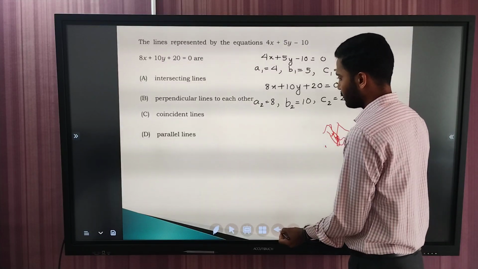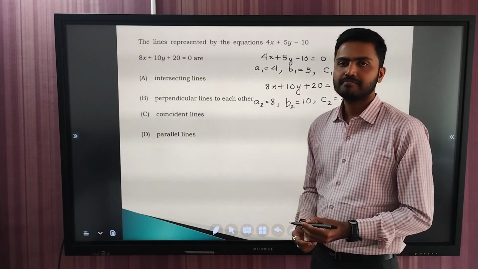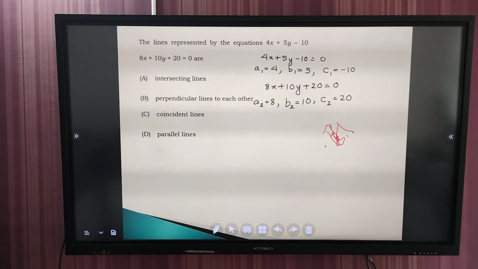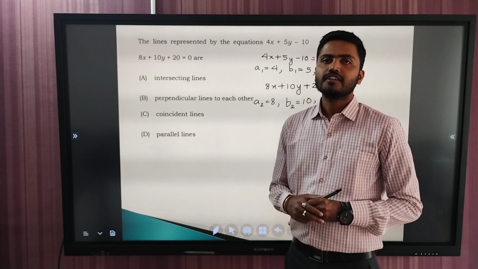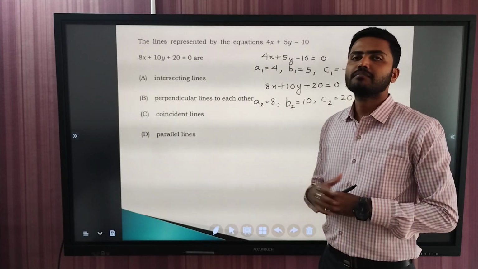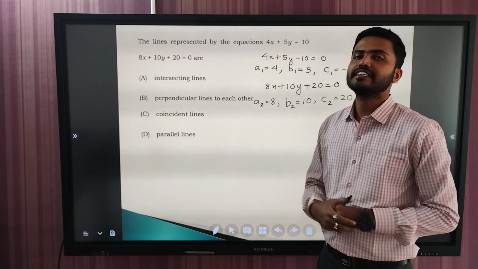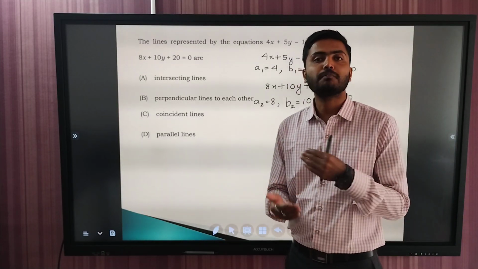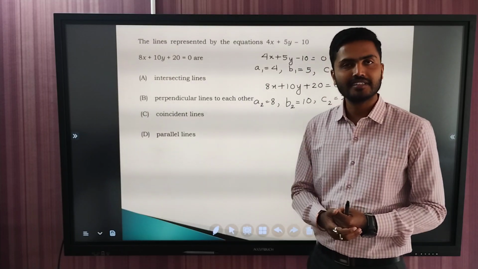Okay? So now that we have got these values, let us try to find the ratio of a1 by a2, b1 by b2 and c1 by c2.